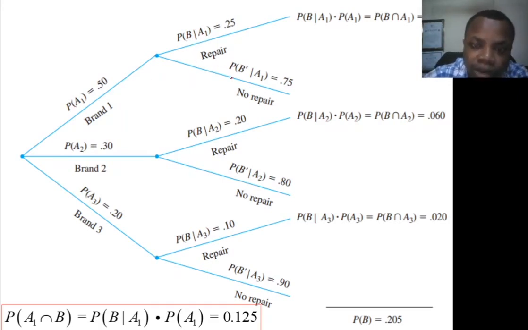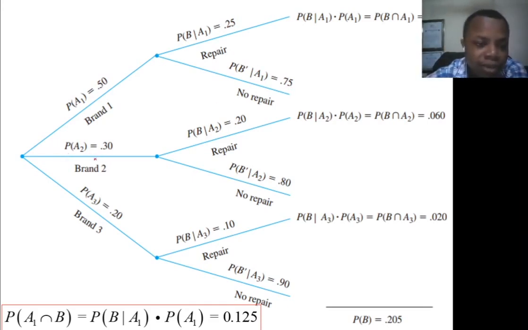And if you don't need a repair, that will be the probability of B complement, that is you don't need a repair given A1. Okay, that is for brand 1. And from the question we have that the probability of brand 1 needing repair is equal to 0.25, meaning that 0.25 will need repair while the remaining 0.75 would not need any repair.